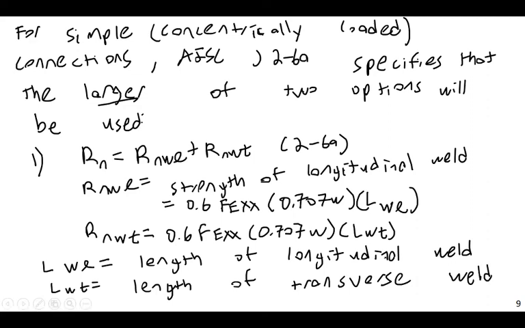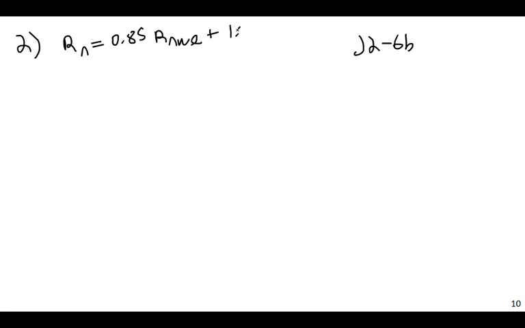Okay, and then we also have condition 2. So again, I told you that we're going to use the larger of two things, equation 1, or equation J2-6B, which is that Rn is equal to 0.85 times RnWL plus 1.5 RnWT.